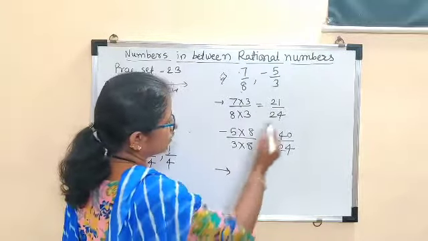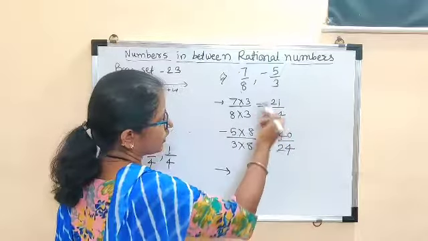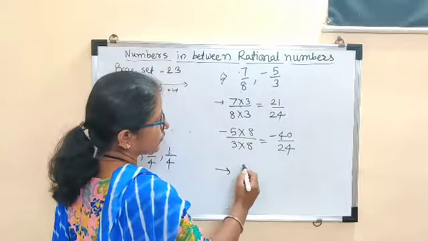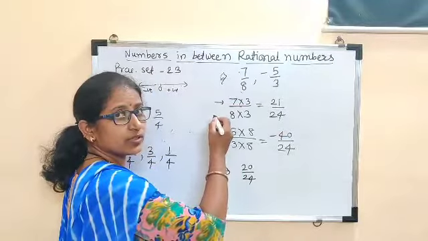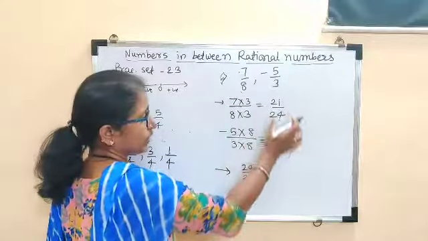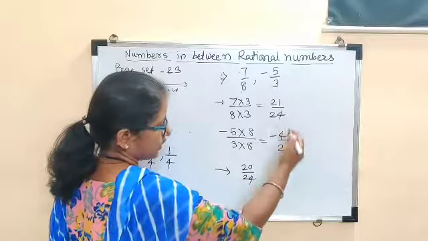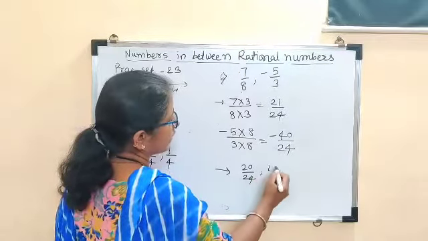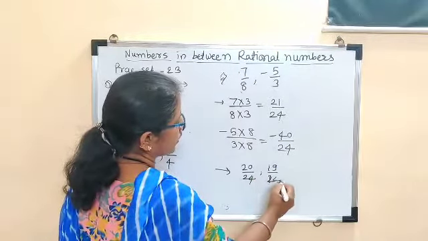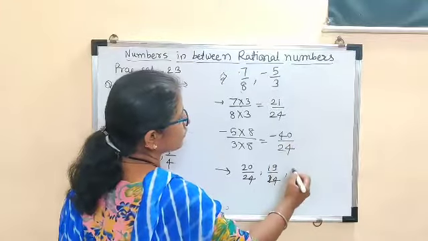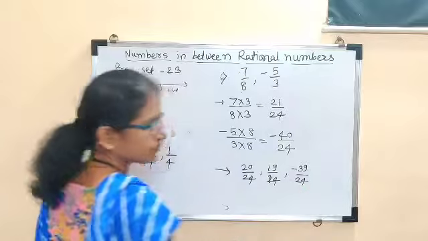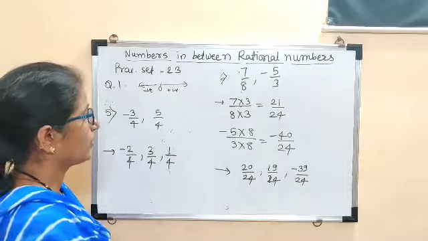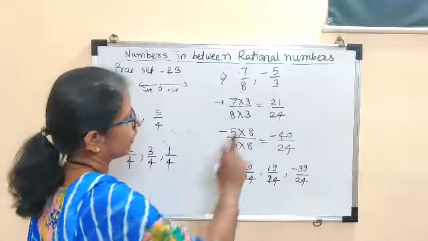So write any 3. Smaller than 21, which are there? 20 upon 24. Then again, we have to take smaller ones, and on the negative side, take minus 19 upon 24, and smaller than 40, which is 39 upon 24. In this way you can write it.